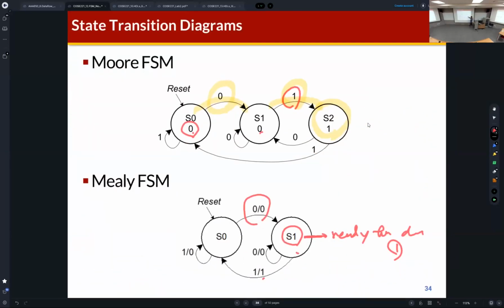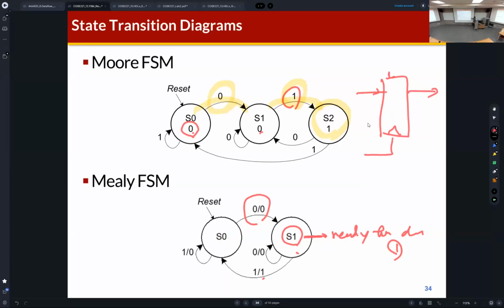The timing is a little bit different, right? Because in the Moore FSM, the state is changed by input. If we see the state register, the state is changed at the rising edge of the clock.